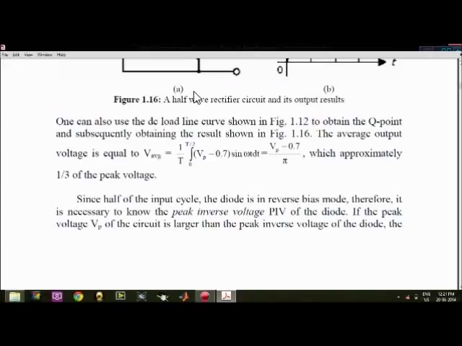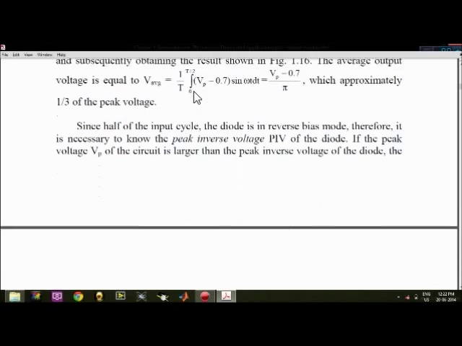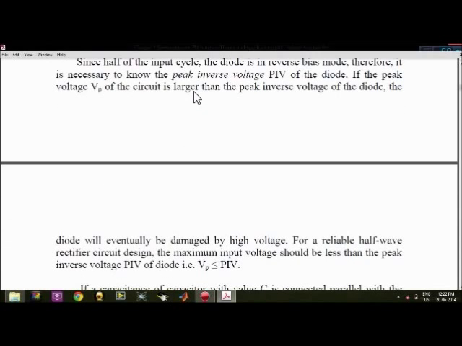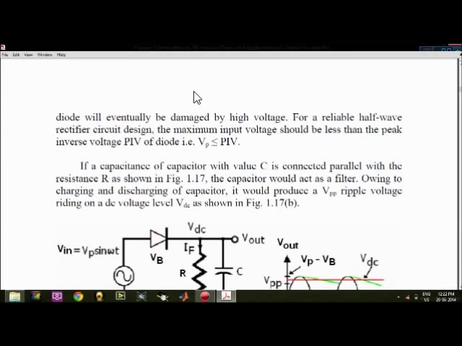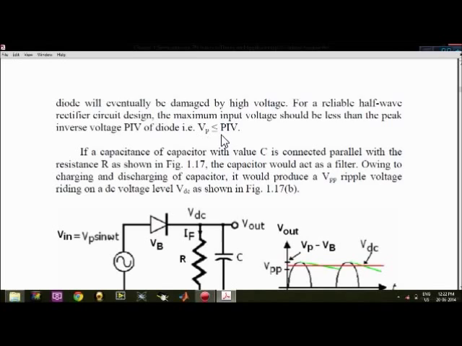If the peak voltage Vp of the circuit is larger than the peak inverse voltage, again I repeat, if the peak voltage Vp is larger than the peak inverse voltage, the diode will eventually be damaged by high voltage. So the applied voltage should be less than the peak inverse voltage of the diode to make it work properly. And that is the reliable condition for a half wave rectifier to act. So this is the condition: Vp should be less than or equal to PIV.